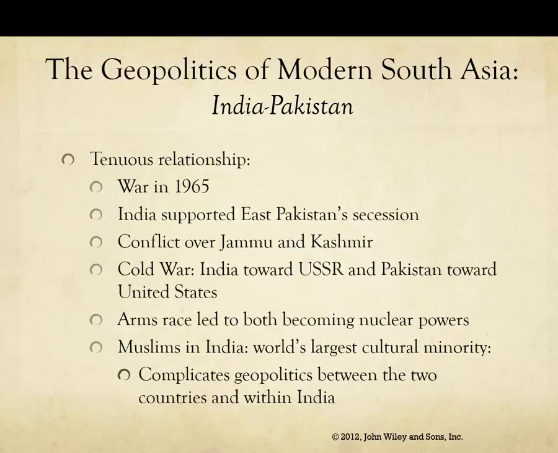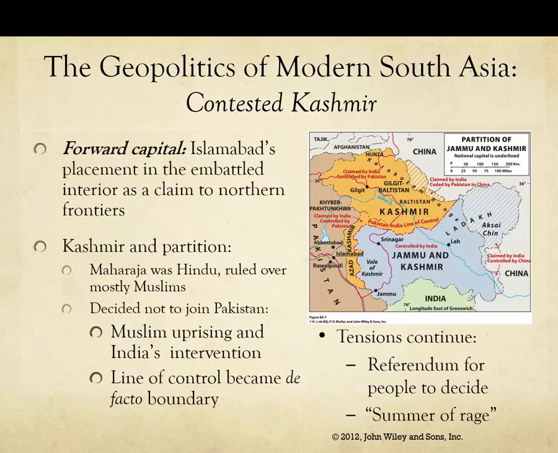Pakistan was originally united with present-day Bangladesh, where Islam was the state religion, and East Pakistan/Bangladesh seceded in 1971 after encouragement from India. We also had Cold War tensions in this realm. Now there are still tensions because of the number of Muslims still in India. We can see these tensions play out in Kashmir, the contested capital.